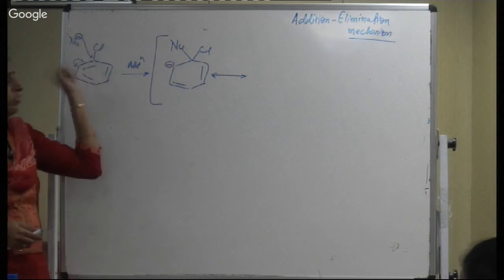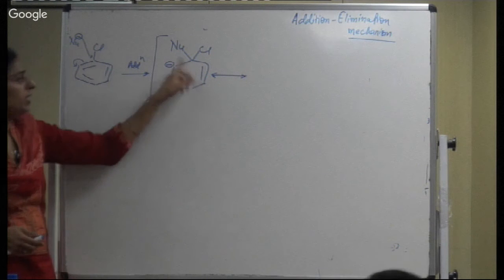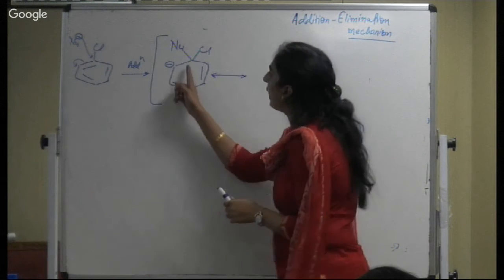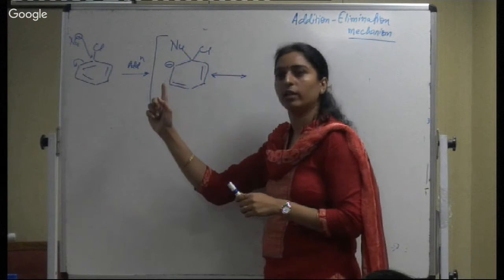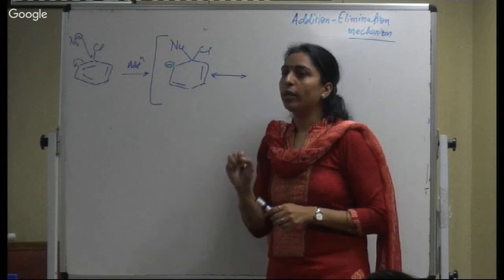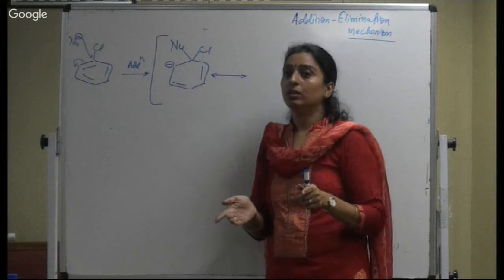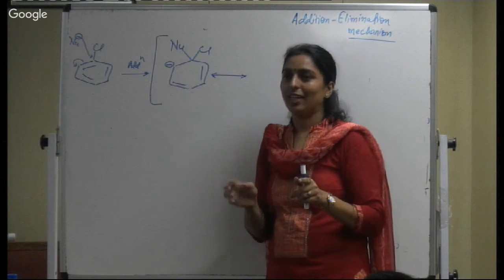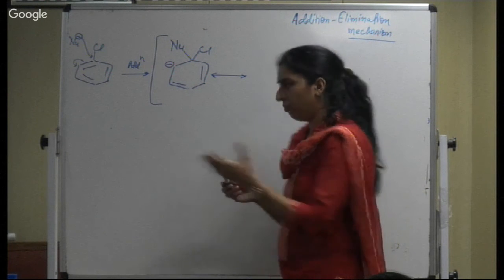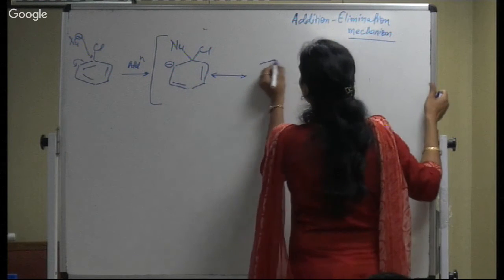The moment it attacks, the carbon cannot bear five atoms. So it will immediately tend to break the multiple bond of the ring. Undoubtedly, it is at the cost of the benzenoid structure. But we will regain that structure, don't worry.